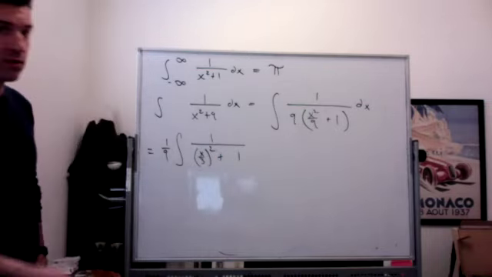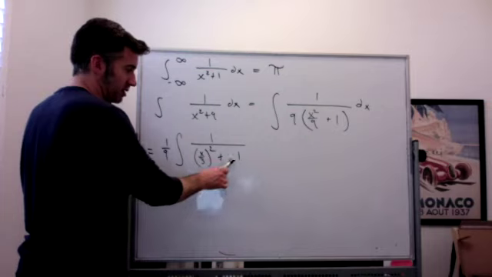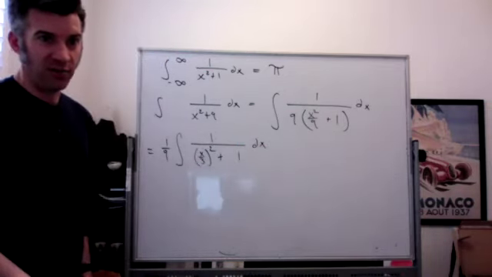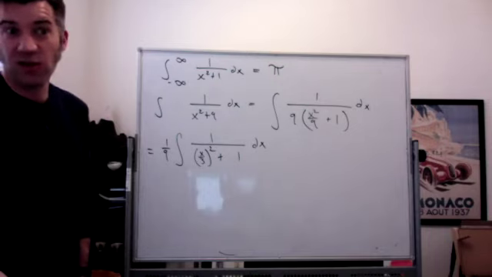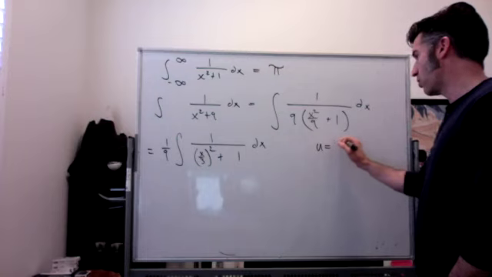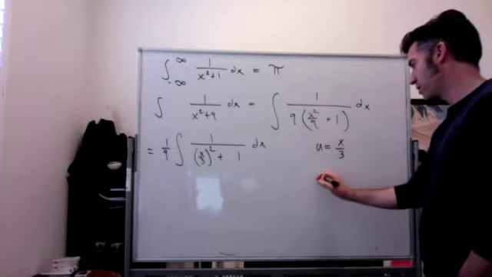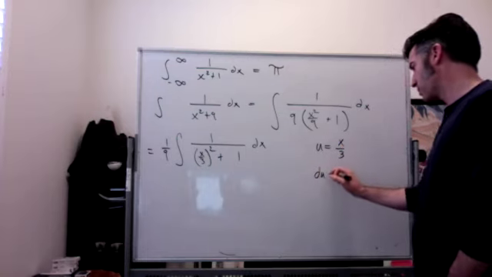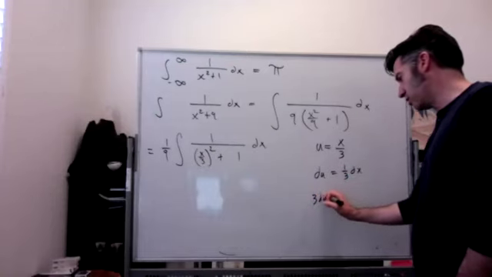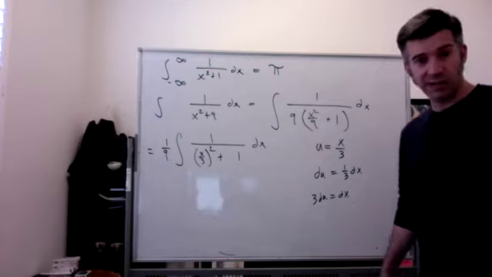And now it looks like 1 over something squared plus 1. But I want this to be like a variable, not a variable divided by 3. So I'm going to do a U-substitution. I'm going to let u equal x over 3. Then du is going to be 1/3 dx, and 3 du is going to be dx.